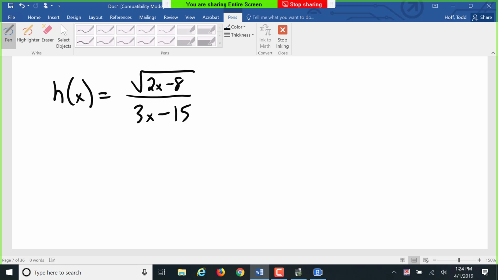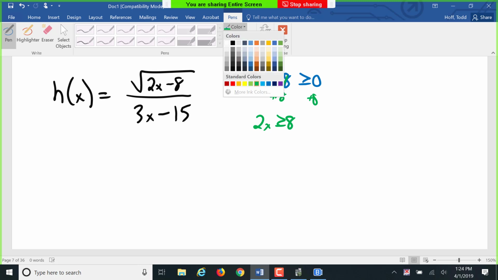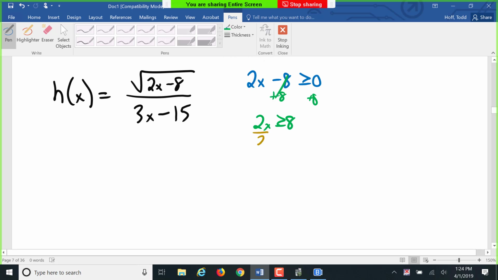So there's two qualifications here, two restrictions. 2x minus 8 has to be greater than or equal to 0. Adding 8, 2x is greater than or equal to 8. Divide by 2. X is greater than or equal to 4.